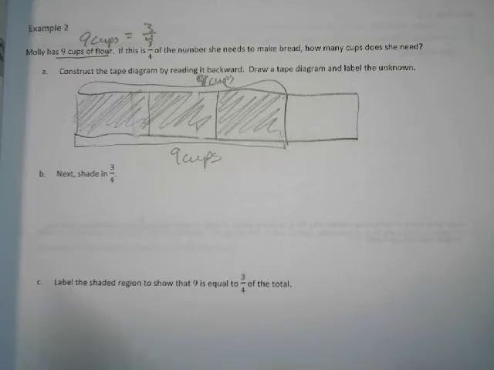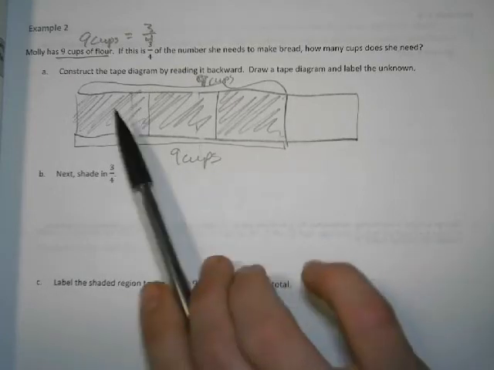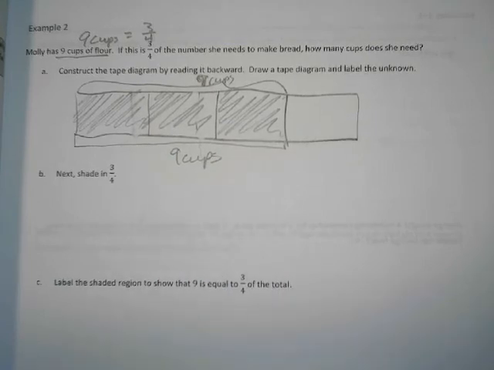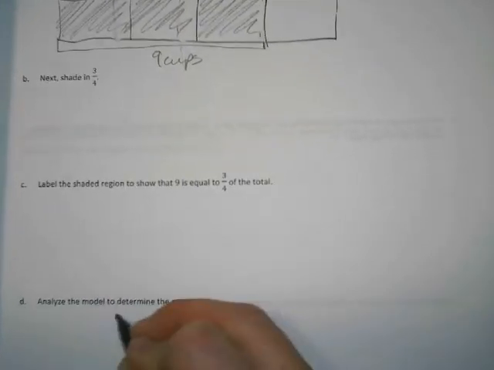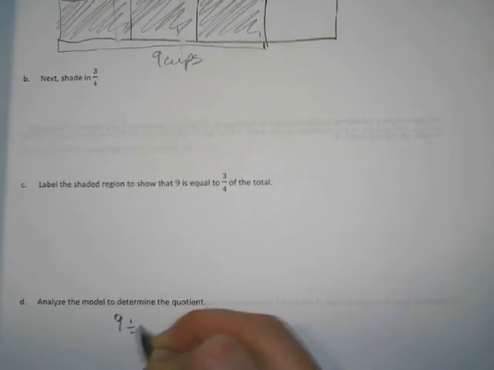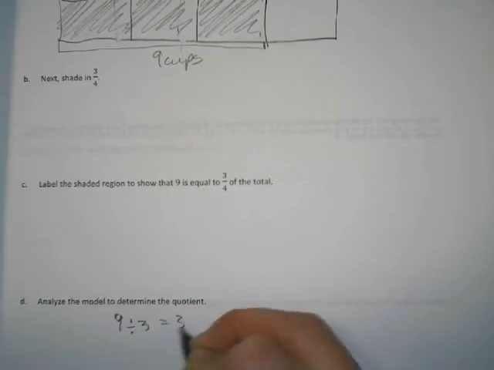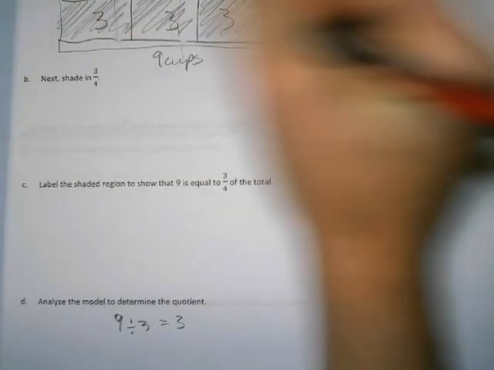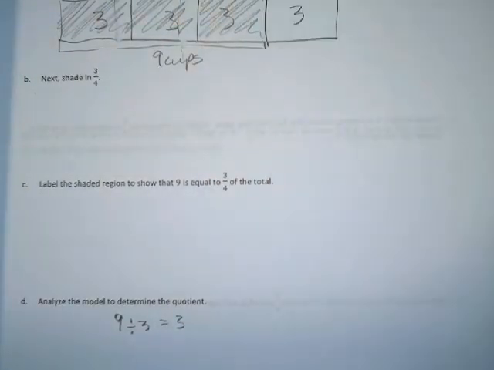So we have 9 broken into 3 parts. So you'd have 9 divided by 3 to find out how much each thing is worth. So that's 9 divided by 3. You get 3, so that means each of our boxes are worth 3, which means the whole thing would be 12.